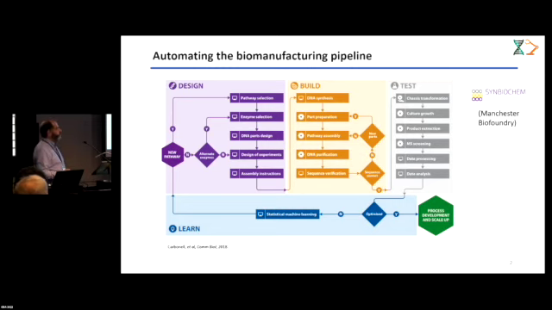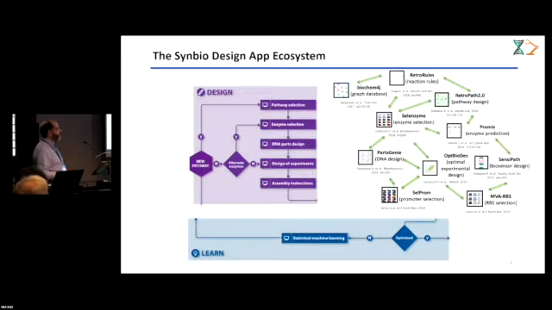In order to perform this automation, the first step was normally to have everything that is software-based well connected and interrelated, so that both the design and the learn stages can talk to each other, with tools like pathway design, enzyme design, and DNA part design.